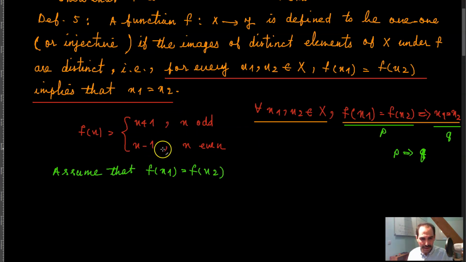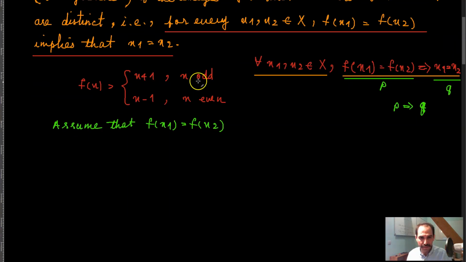And if that is the case, then x1 and x2 can have 4 different cases. The different cases you could have are that x1 could be even or odd, and also x2 could be even or odd, right?